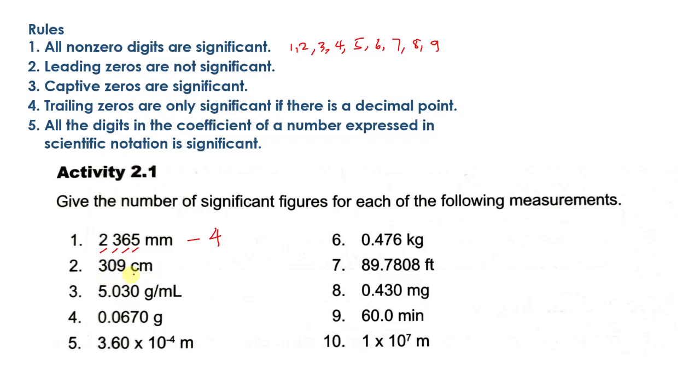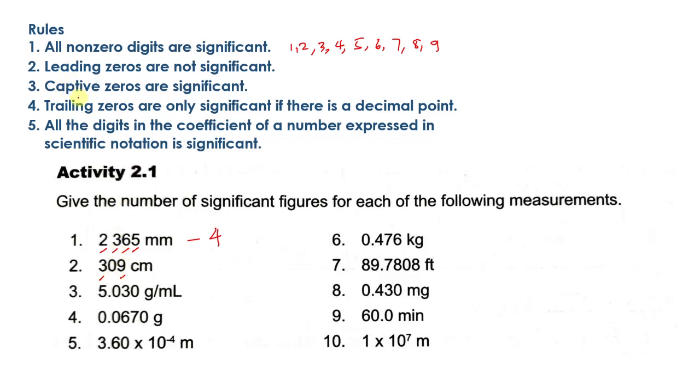We have 309 centimeter. Obviously, 3 and 9 are non-zero digits, so these will be counted as significant. We have here a 0. And again, a 0 can be significant or not. It depends on what type of 0 it is. In this case, the 0 is between the non-zero digits, so this one is a captive zero.